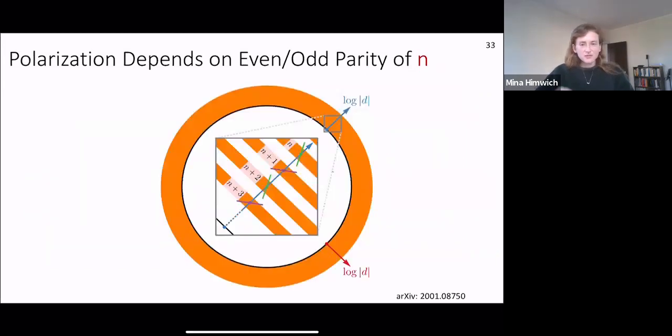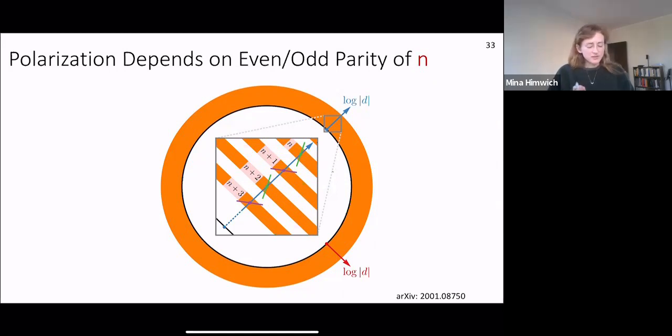And that's what this sort of cartoon of the photon ring is showing. Here, the different subrings are shown by orange bands that are linearly spaced on a log scale. So they're getting exponentially narrower and closer to the critical curve, which is this black circle. On top of the subrings are polarization ticks in green and purple.